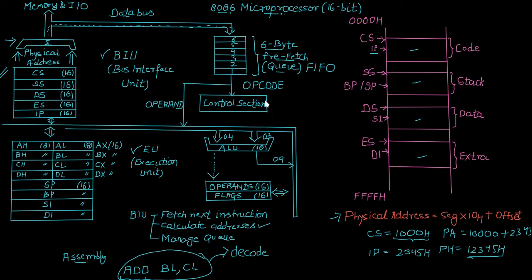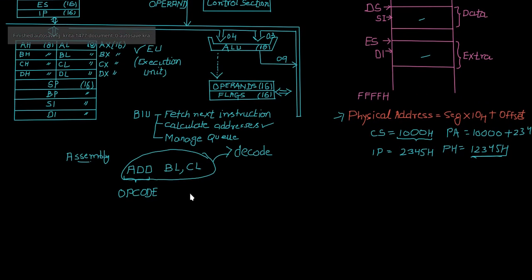Alright, so that's why I have written here opcode. So the opcode is obtained and it is passed to the control section, which will decode this whole instruction, and then after decoding it will pass it to the execution unit. So this is an example of an add instruction.